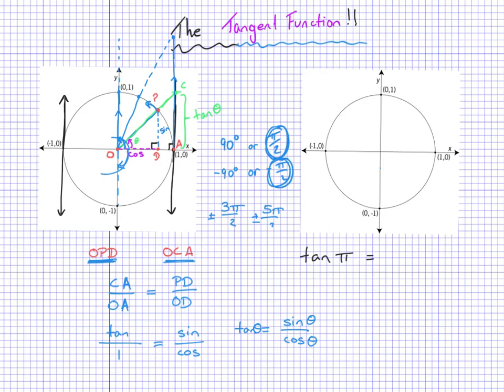All right, so let's have a quick look at an example. It's this one here, tan of pi. I want to know what tan of pi is equal to. First of all, I've got my unit circle on the right hand side here. I'm going to map out where the angle pi is, and I know that pi is there on the x-axis.